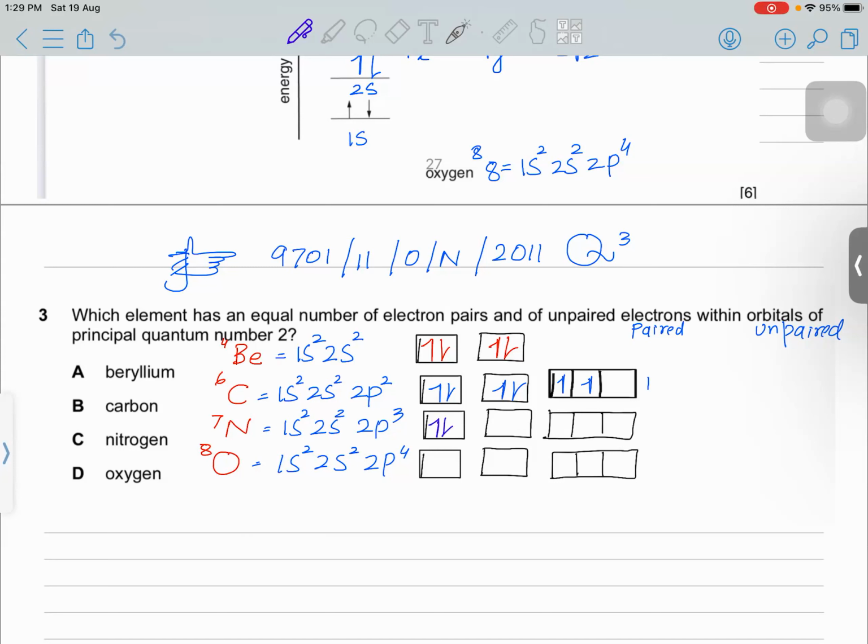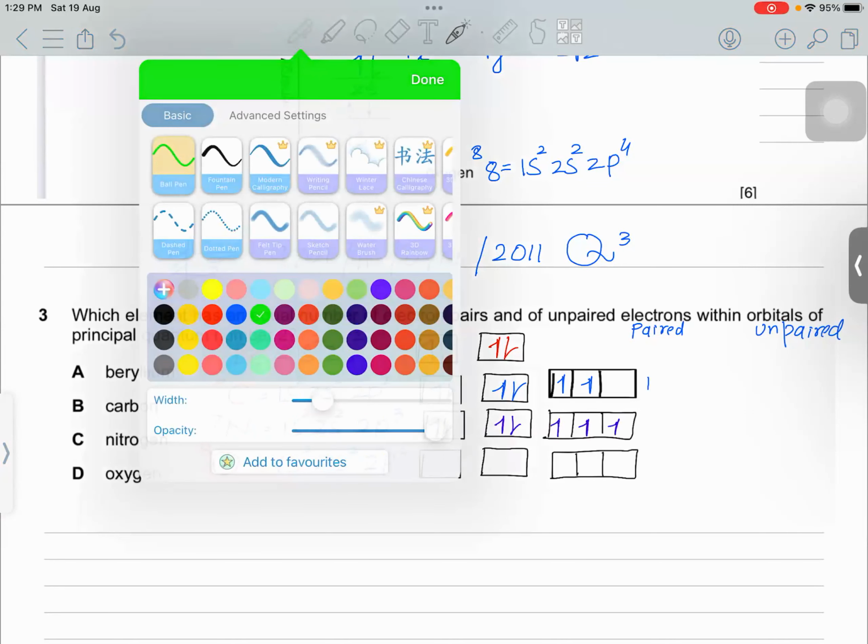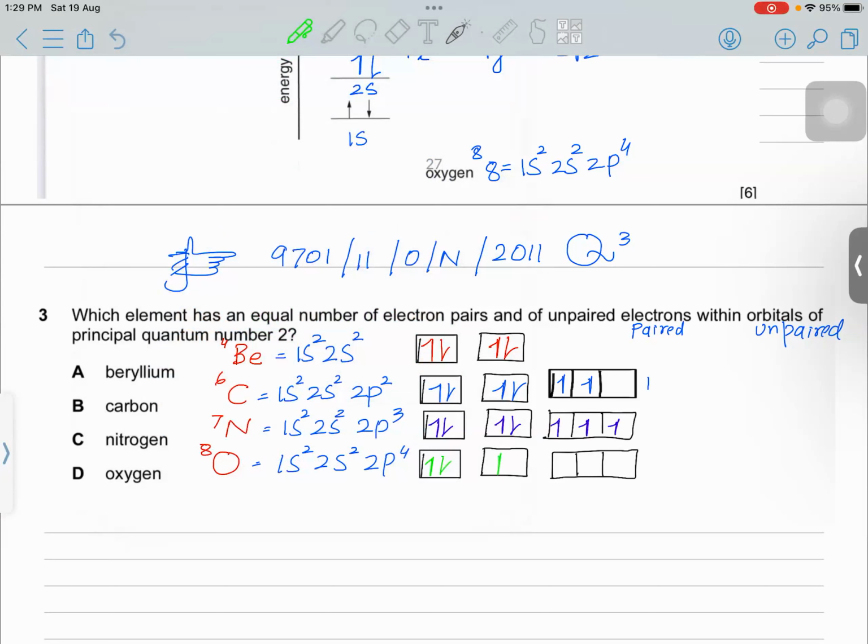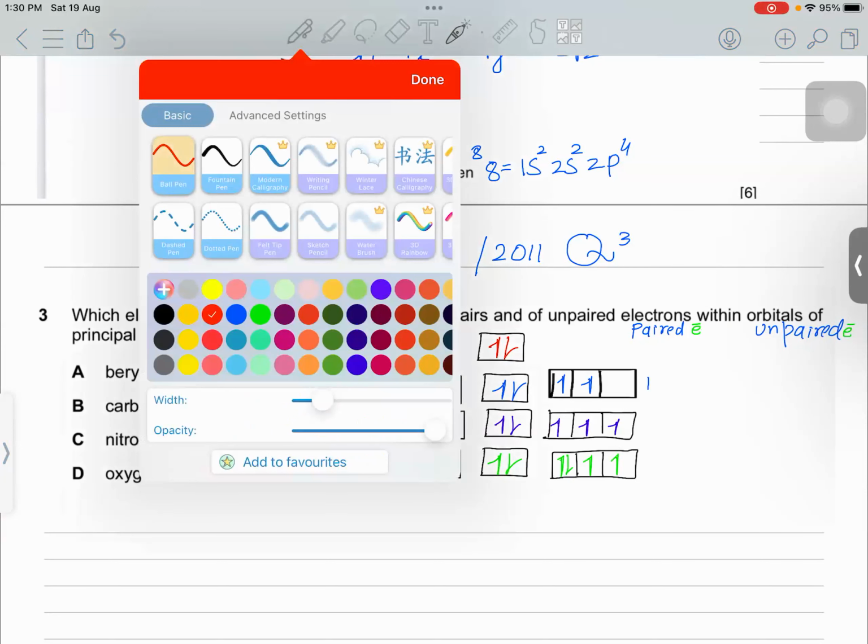This is 1s2, 2s2, and then 2p3. Last one is 1s2, 2s2, 2p4. Now paired and unpaired electrons in the second shell only.